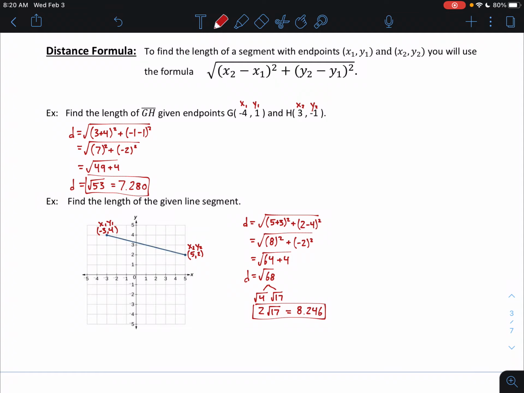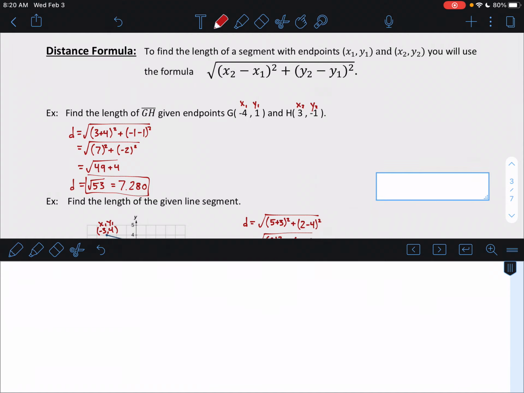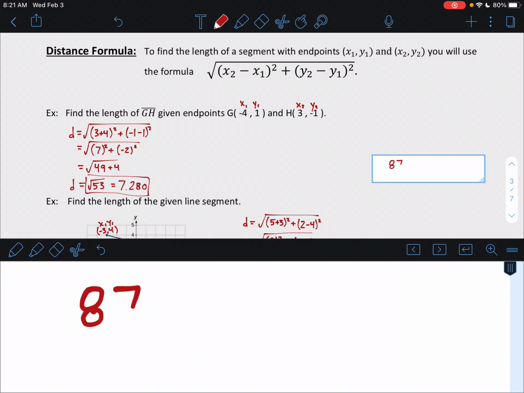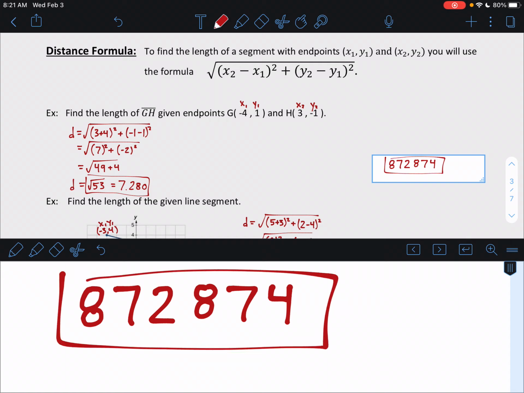So, if you do know how to get into Delta Math, or once you are able to get into Delta Math, you are going to go up to the top right corner where it says Tools, click on Manage Login and Courses, and then once you do, there should be a button at the bottom that says Add Teacher or Access Code. My access code is 872874. 872874. You're going to enter that, and then you guys are going to select whichever block you're in.